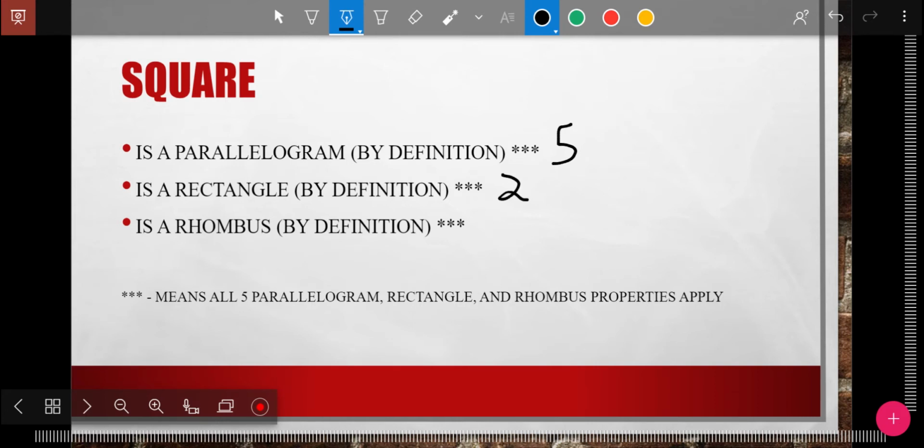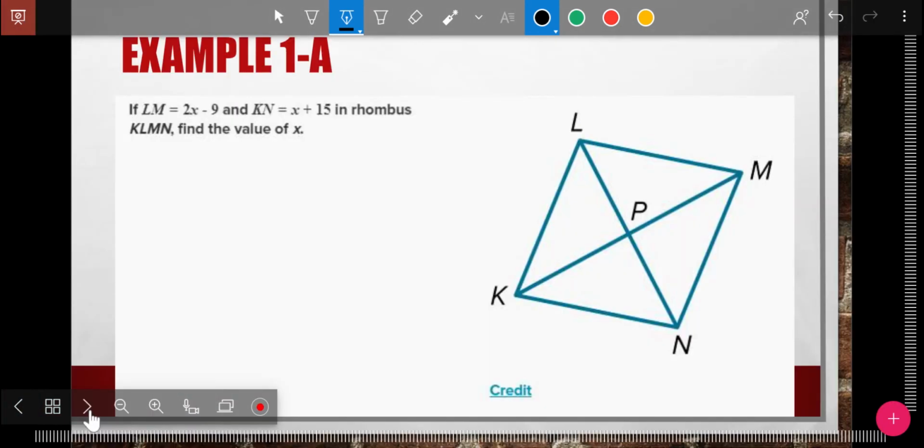And then all 4 rhombus rules, but the first one is it's a parallelogram, so all 3 additional rhombus rules. And so you end up with 10 rules, or properties, that apply to a square: all the parallelogram, all the rectangle, and all the rhombus rules. Now we just have to figure out what is what and how to apply these rules.